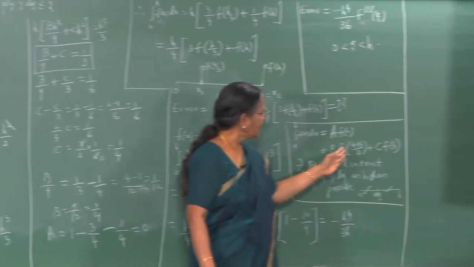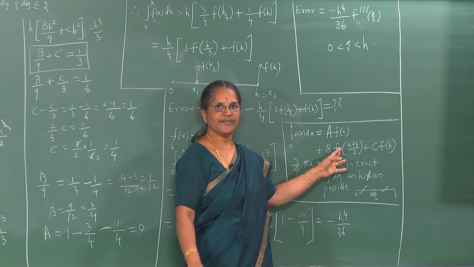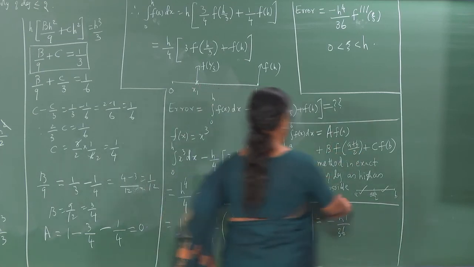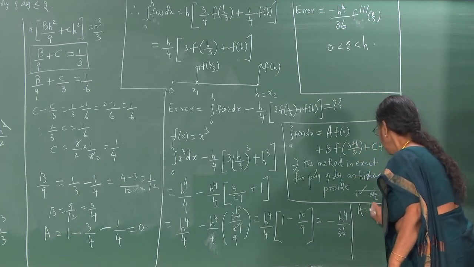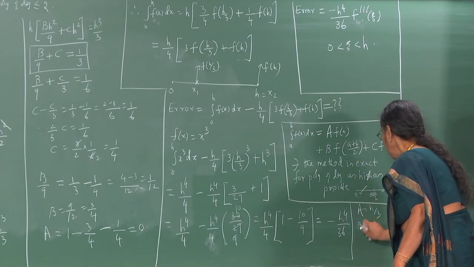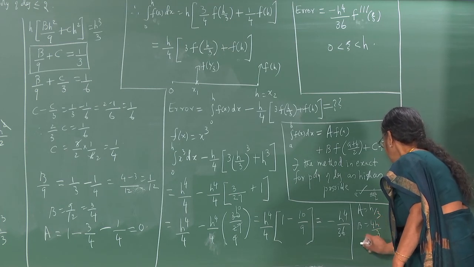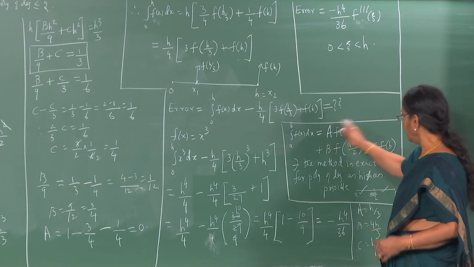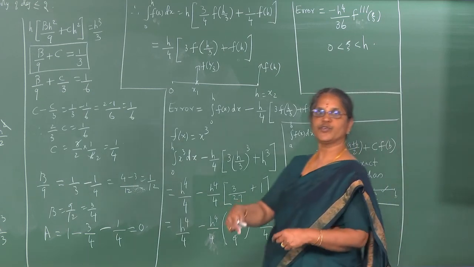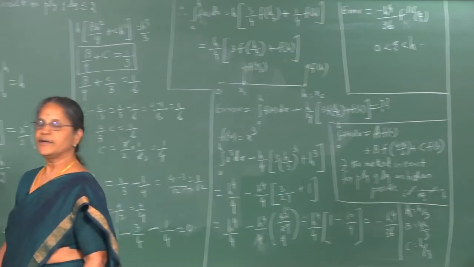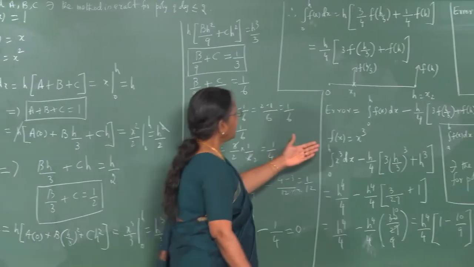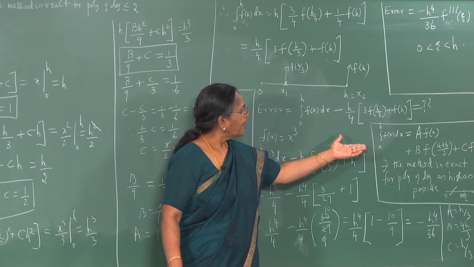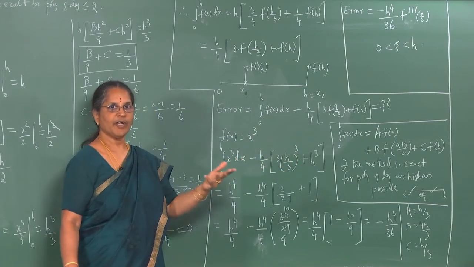A method of this form would give you Simpson's rule, so what do you expect A, B, C to be? A will come out to be h by 3 and B will come out to be 4h by 3 and C will be again h by 3. So, derive a method and also compute the error. Once you get the method, you know that the method is exact for what polynomials?